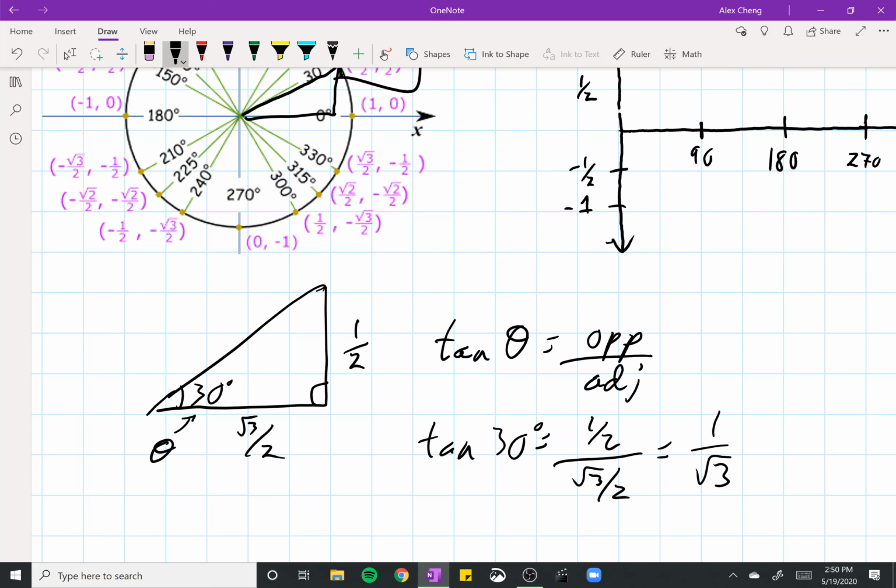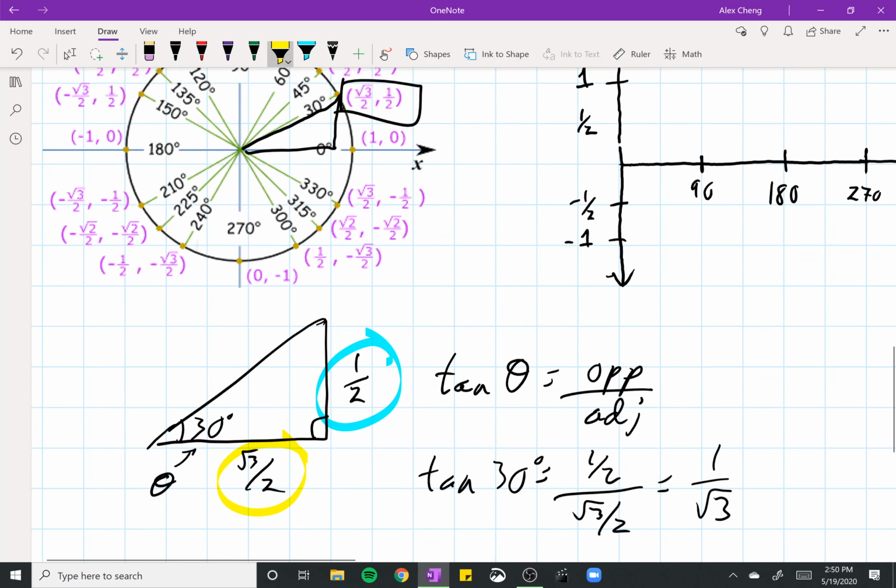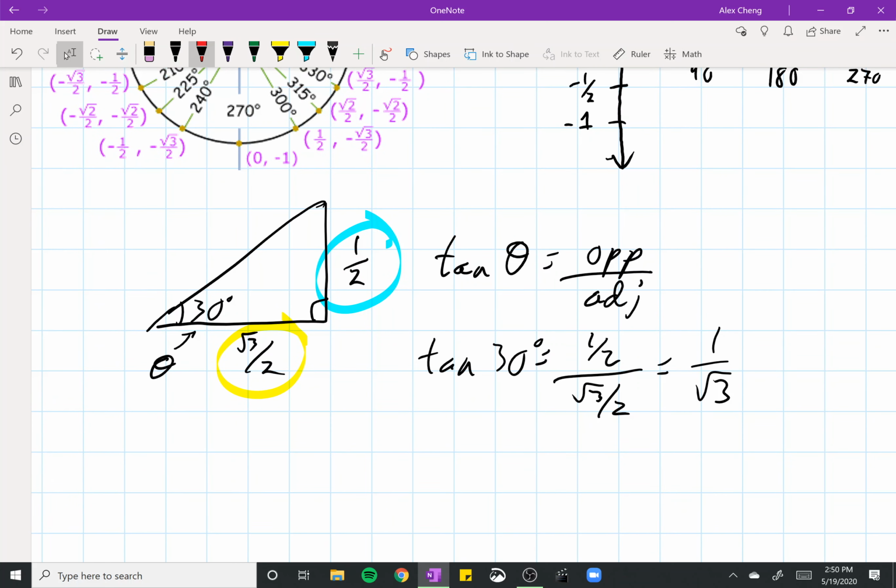And here's why. What is this 1/2 and what is this root 3 over 2? If we think back to where those came from, root 3 over 2 is actually cosine of 30 degrees. And the height, this 1/2, is actually sine of 30 degrees.